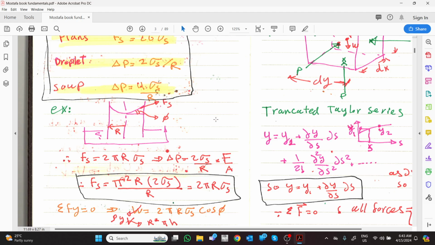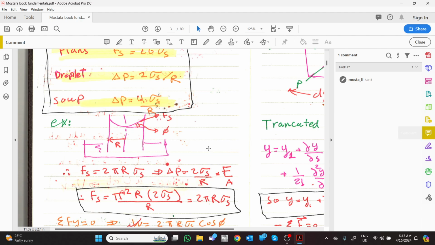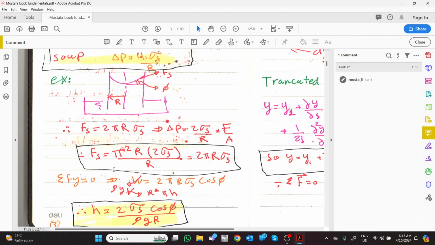So let's do it like this because we don't need to lose a lot of time. This part is the pressure, and this part is the area. So force equals area multiplied by the pressure.